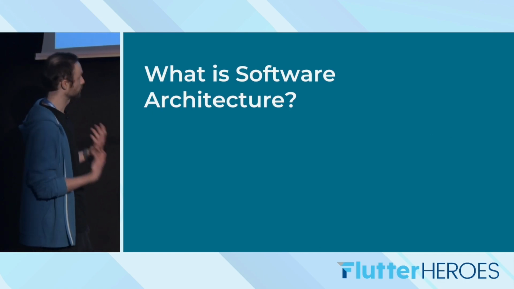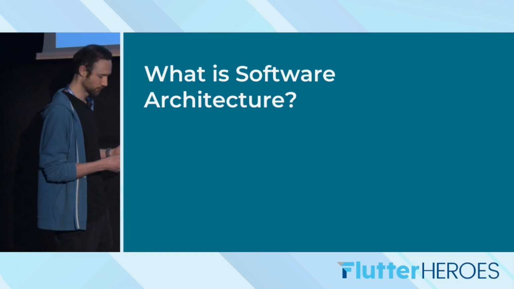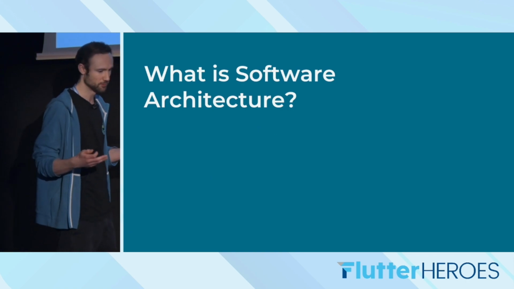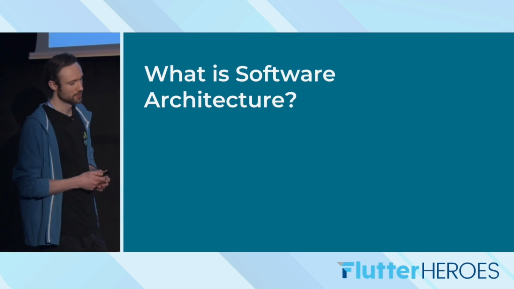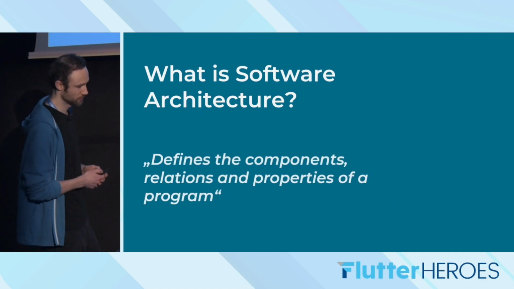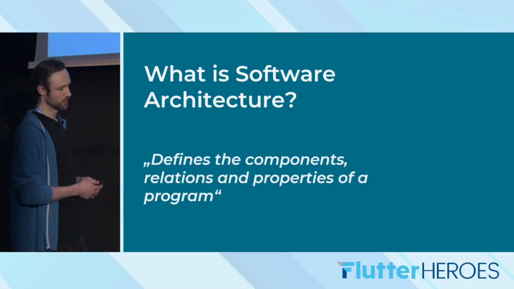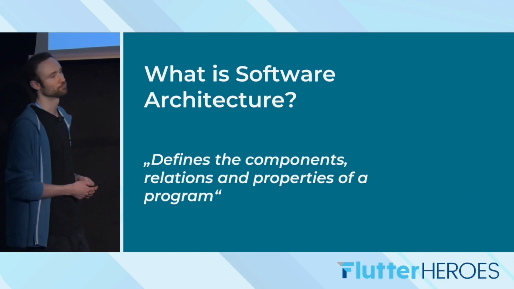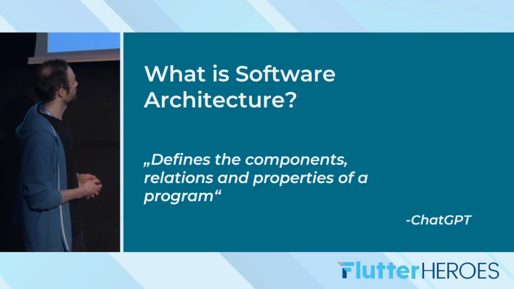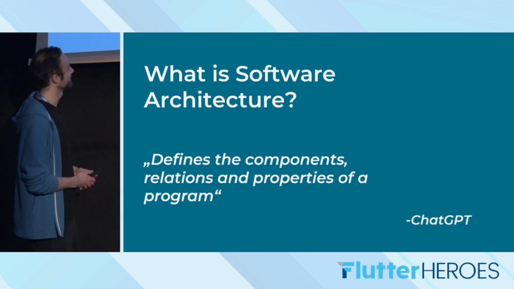So if we are now talking about architecture, maybe one of the first things to do is to define a little bit what architecture is. And I have this little definition here for you. Software architecture defines the components, relations, and properties of a program. At least that is what ChatGPT told me when I asked it.